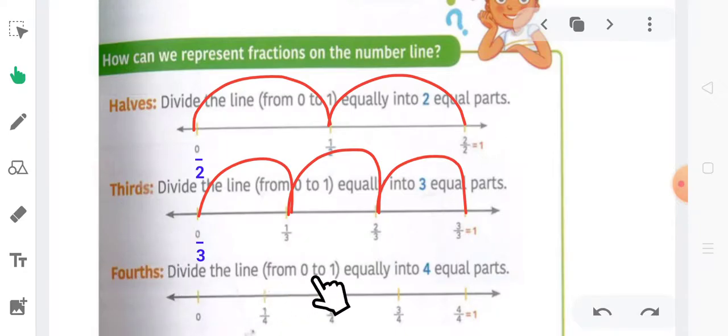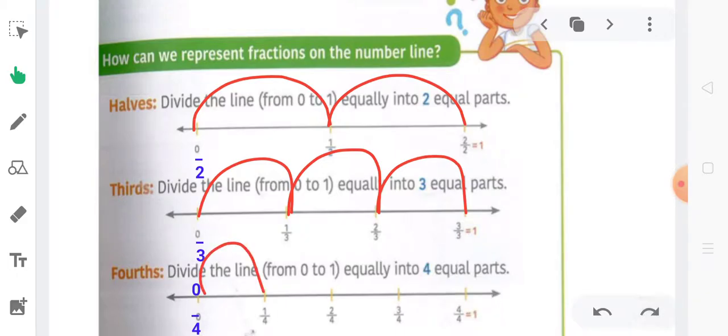Again, the next example, fourth. Divide the line from 0 to 1 equally into 4 equal parts. First of all, we have the benchmarks. What are the benchmarks? 0 and 1. Okay, make them as fractions. 0 over 4, and here we have 1 equals 4 over 4. Then make 4 jumps.